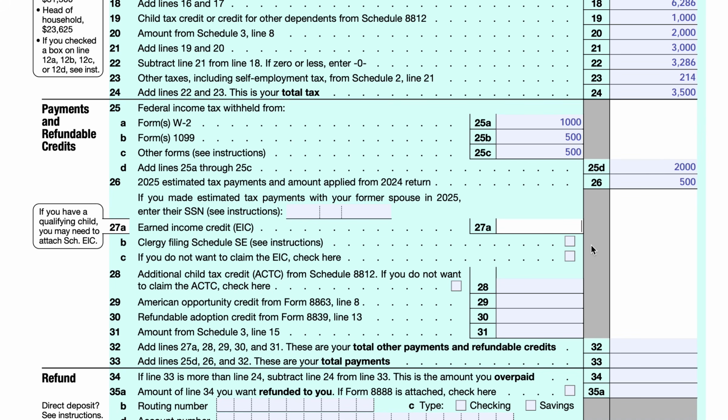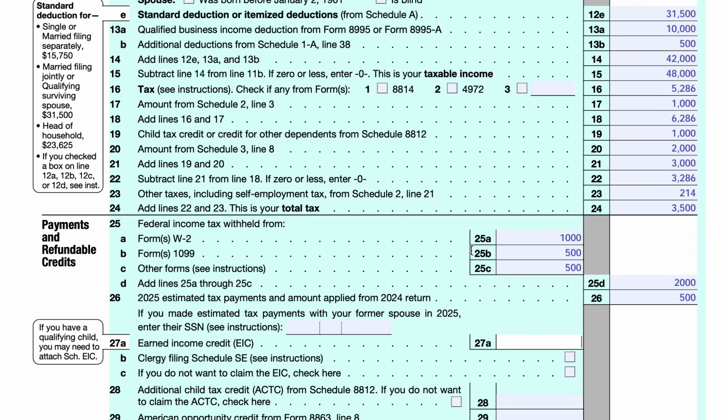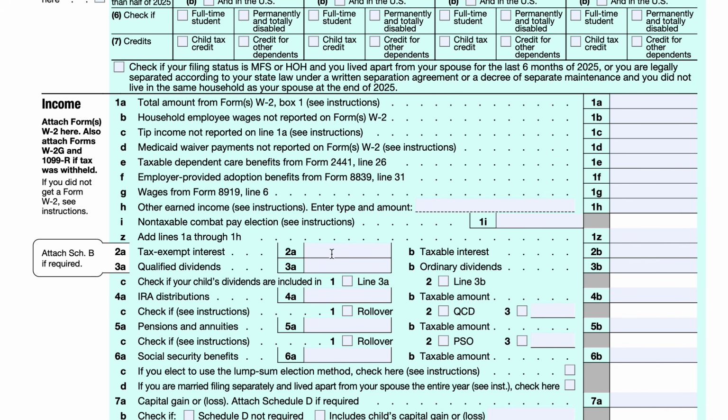vow of poverty, or a Christian Science practitioner, and you're filing Schedule SE, where the amount on line 2 of Schedule SE also includes an amount that was reported on line 1Z up above. So, right here.